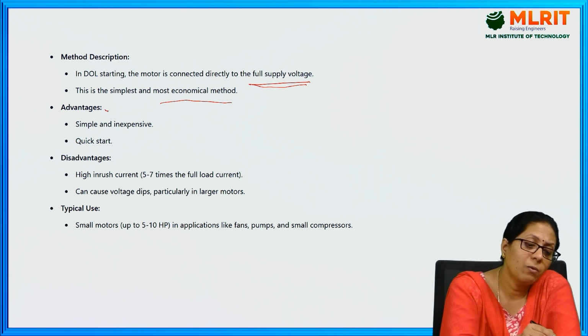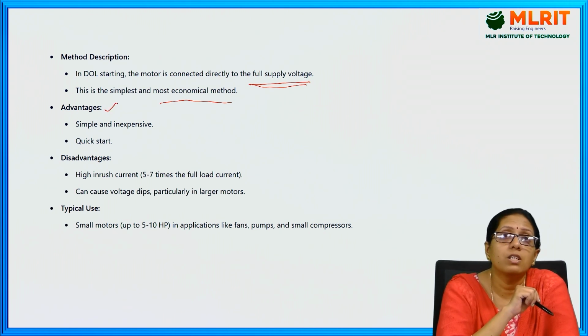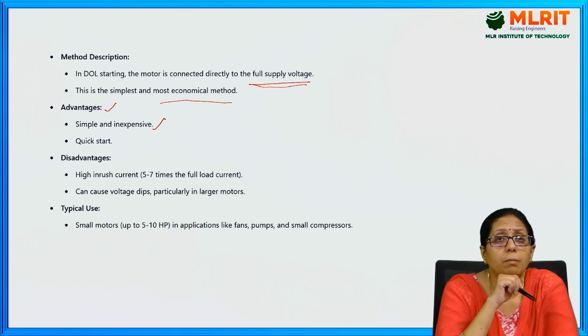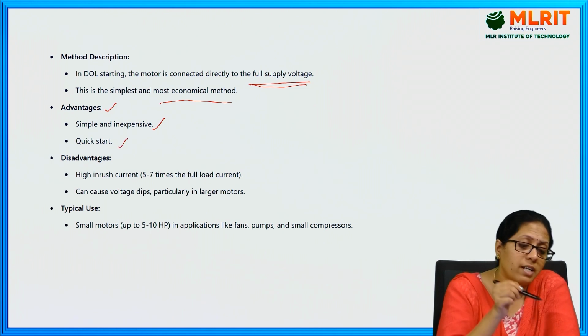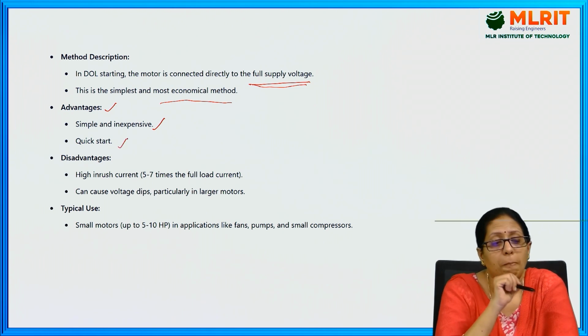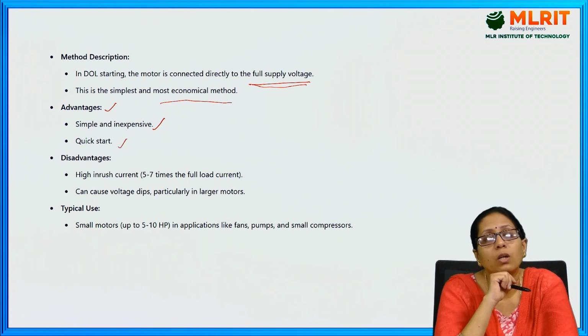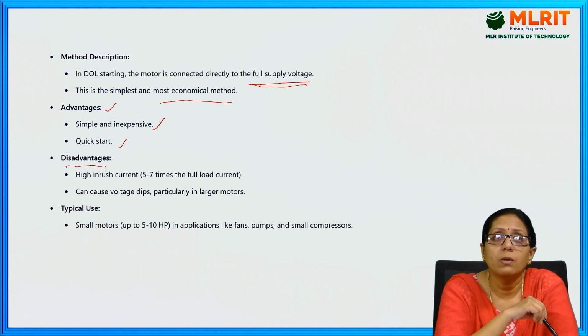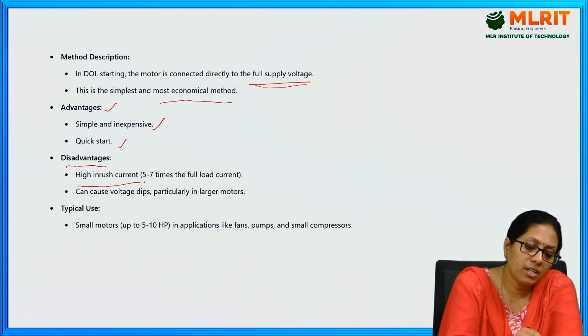What are the advantages of this particular starting? It is simple and inexpensive. It is very simple and not that expensive. The second advantage is quick start. We can start the motor quickly. What are the disadvantages? High inrush current.